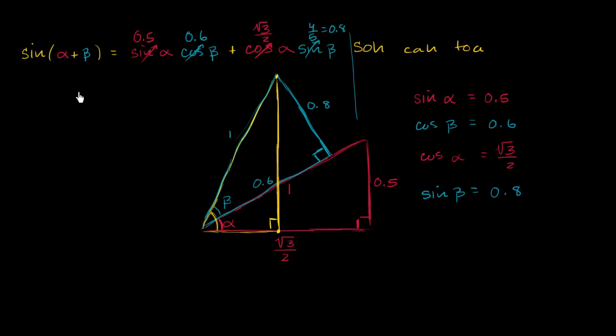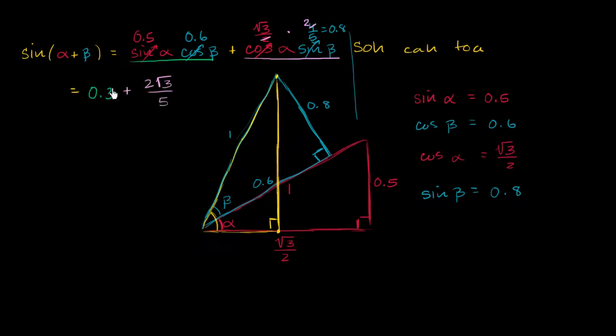Well, this is going to be equal to 0.5 times 0.6, which is 0.3, plus square root of 3 over 2 times 4/5. Let's just multiply them. 4 divided by 2 is 2, so it's 2 square roots of 3 over 5. So this is essentially our answer.